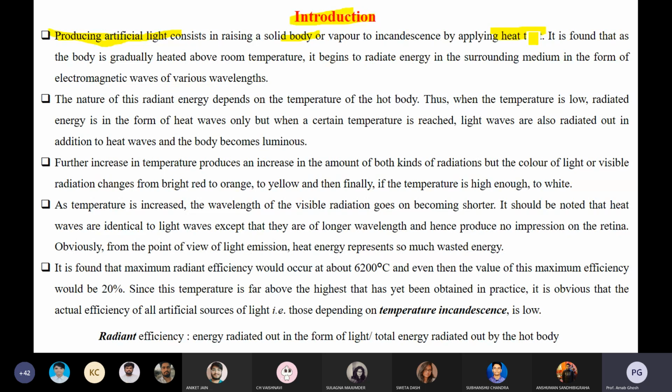Okay, so it is found that the body is gradually heated above the room temperature, and begins to radiate energy. You know that infrared, so hotspot. A hotspot camera is there, like in cricket, where we used hotspot tracking.